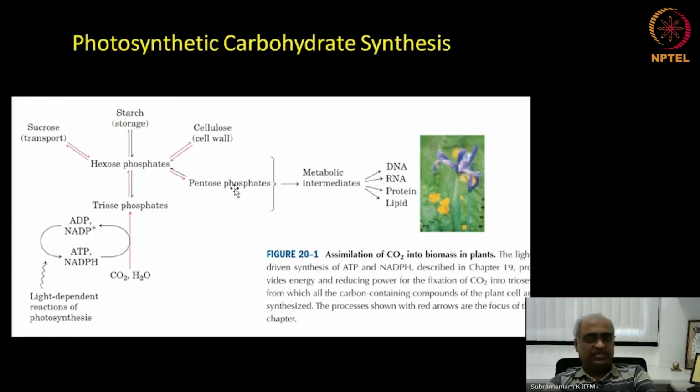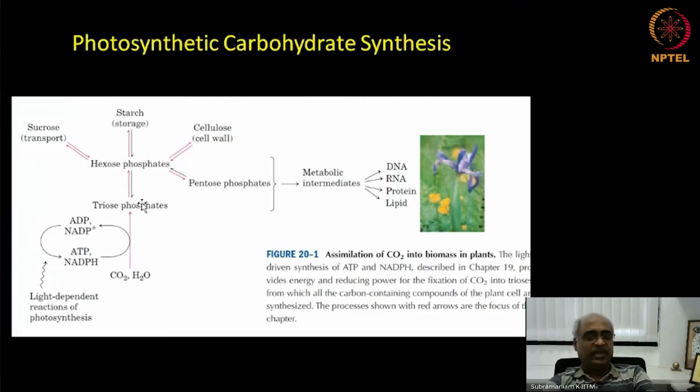So some of the hexoses can go into this. When you look at all of this, you see these molecules, and the entire set of macromolecules we have learned are covered. All of them are produced from carbon dioxide fixation into triose.